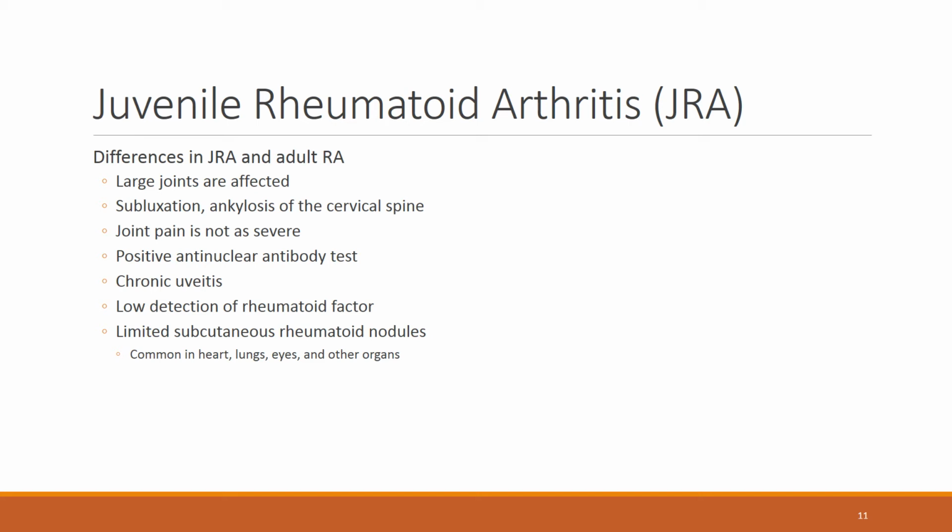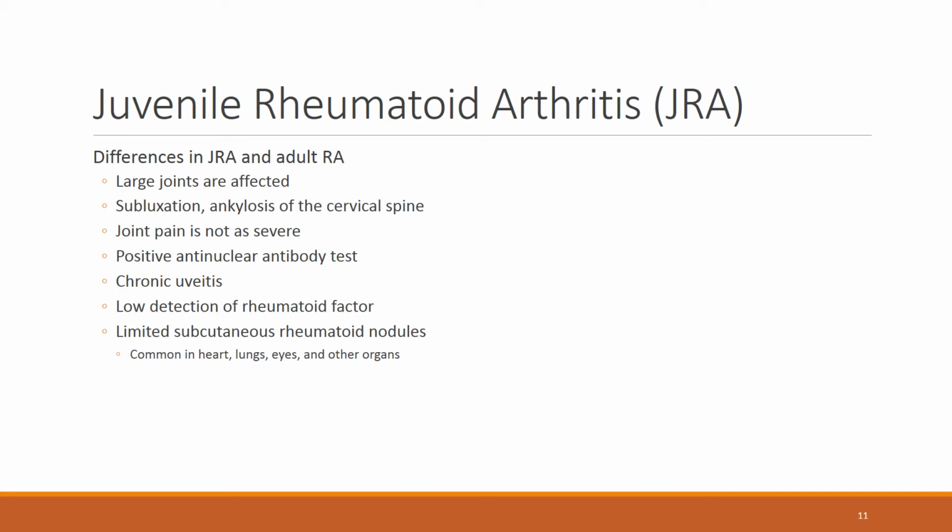Juvenile, again, has large joints affected. Subluxation, ankylosis of the cervical spine may be present. Joint pain will be there, but it won't be as severe. ANA, or anti-nuclear antibody test, will be positive, and ANA is a test that's non-specific for inflammation.